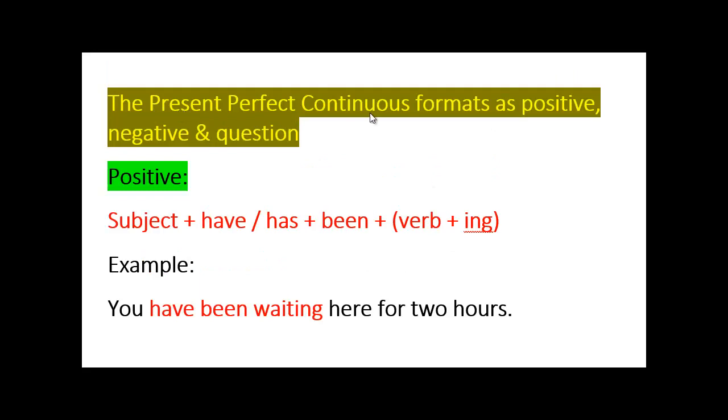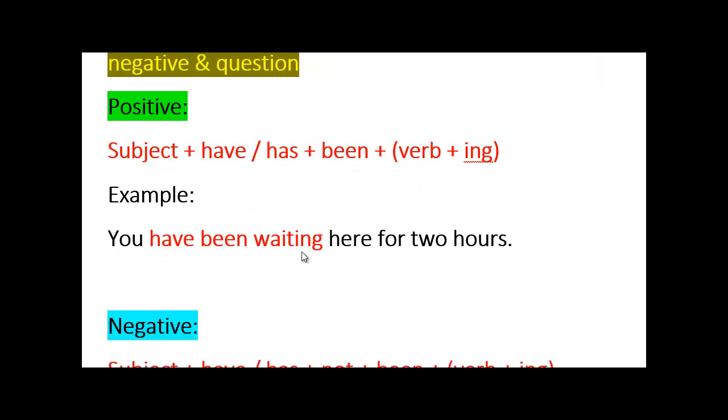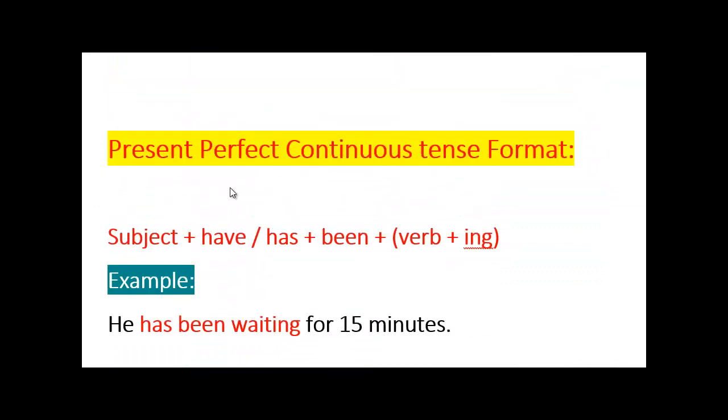If we are talking about the present perfect continuous formats as positive, negative and question, here we are. Subject, have and has, depending on the subject, and been plus verb plus ing. You have been waiting here for 2 hours. Subject, you. Have, because it's perfect, and been and waiting, verb plus ing. Don't forget again.